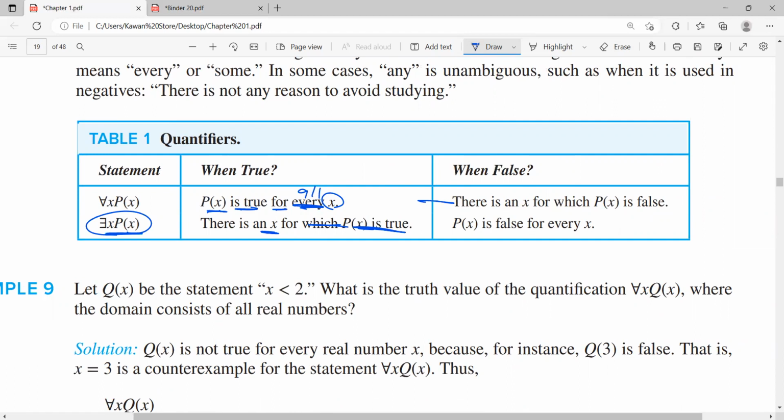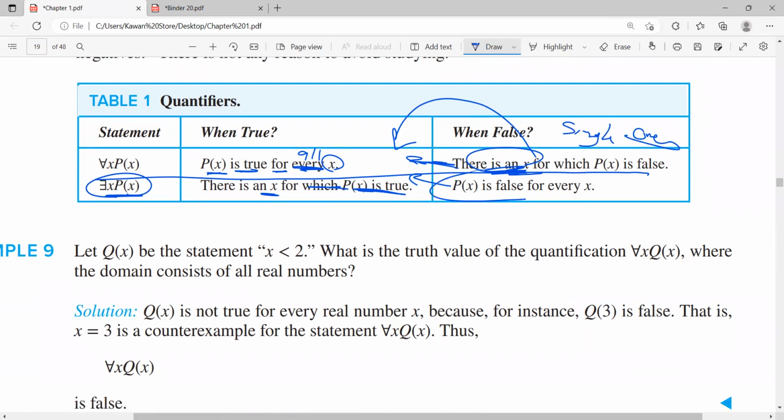And you can see there's a negation of it. Negation of for all is what? I told you, if you say all students are from engineering, and I bring a single one, that one will make the statement false. There is an X, a single example. How about here? It's false.